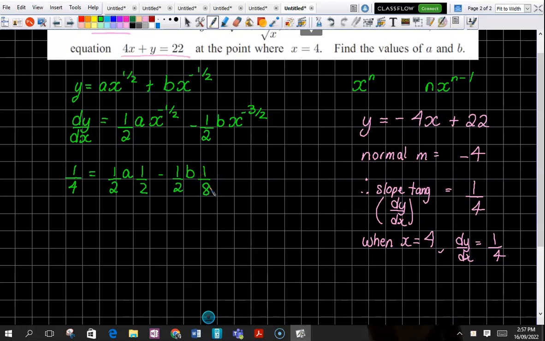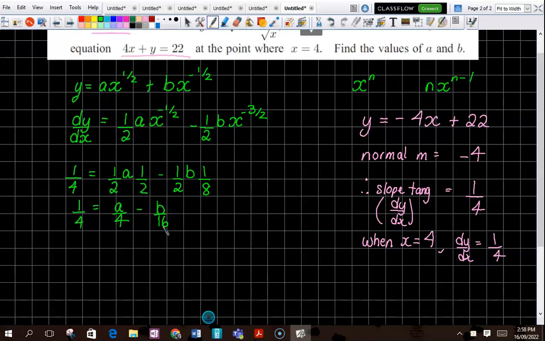Yes, but I'm already over my time limit, so that's no good. Lots of fractions, I can tidy this up. That's 1/4 equals 1/4 times 4, which is this 1/4 times a, which is the same as a on 4. Okay, and 1/2 times 1/8 times b is the same as b over 16 or 1/16 times b.